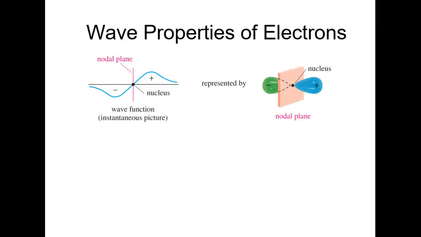All right, wave properties of electrons. You've learned in your general chemistry class that electrons are not really particles, they're waves of energy. But they act as if they are a particle, like a standing wave, like they vibrate on a guitar string.